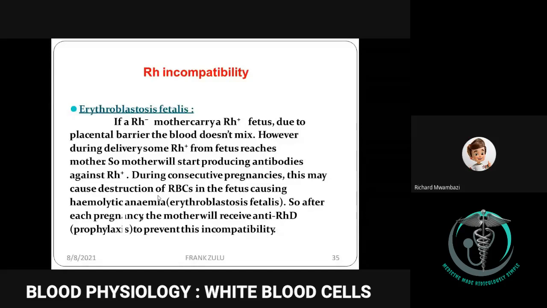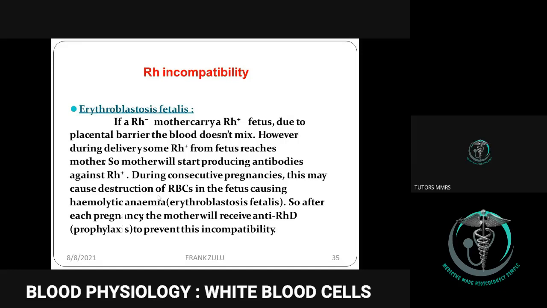Sir, so now for the fetus to be Rh positive, then the mother is Rh negative. Does it mean that the fetus inherits the Rh positive from the father? Remember, these are genetics.